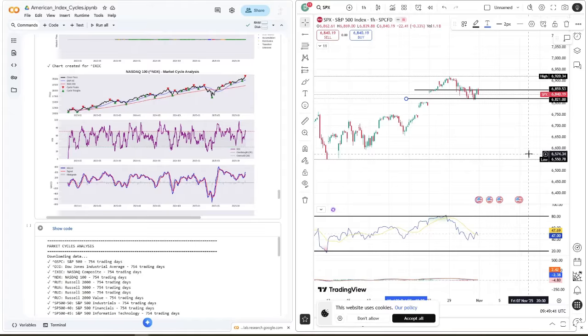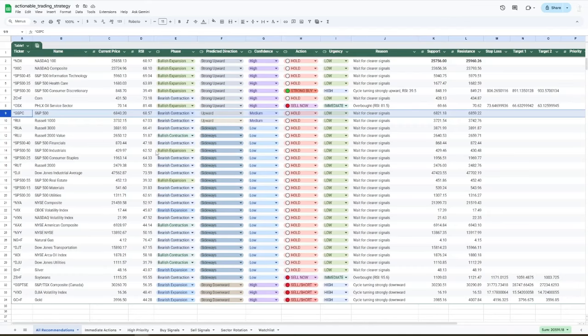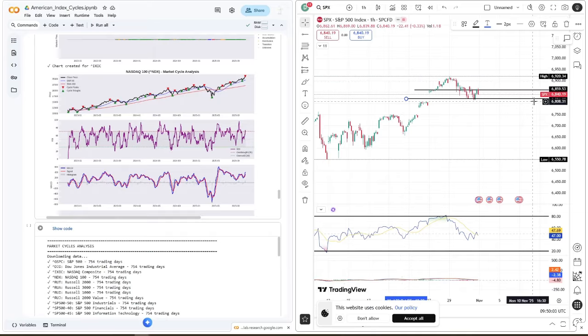According to my dashboard, the S&P 500 is in a bearish contraction, and the two key levels it identifies, which are not perfect, are 68.21 and 68.59.